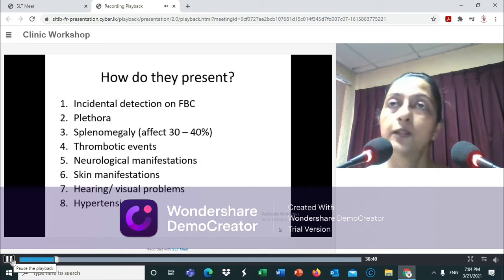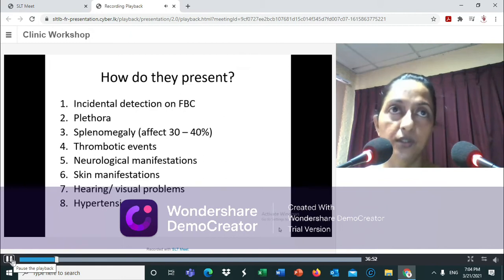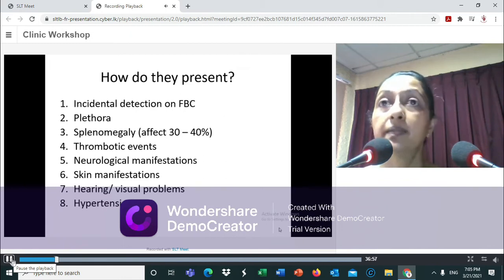So how do polycythemia vera patients present? It can be an incidental detection on a full blood count with high hemoglobin and hematocrit, or plethora detected by a clinician or somebody. Or a splenomegaly might be detected, and when you further investigate, you will diagnose polycythemia vera.